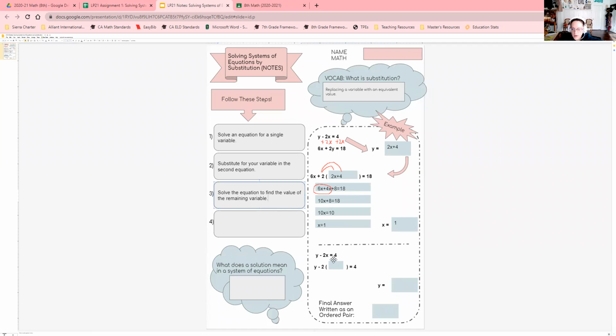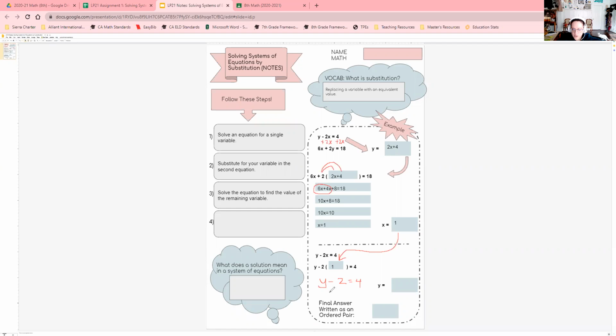So I'm going to come on down here. We have y minus 2x equals 4. And we're just going to substitute one more time. Anywhere you see an x, we can use the number 1 now. So I'm going to replace that x with a 1. y minus 2 times 1 equals 4. Negative 2 times 1 is negative 2. So some number minus 2 equals 4. We had y minus 2 equals 4.